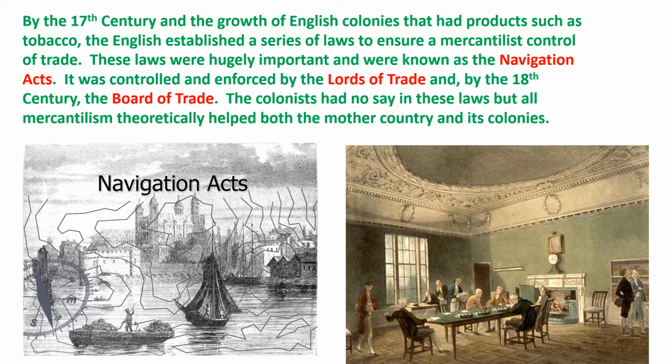Technically, they could review all the acts and laws passed by any colonial legislators dealing with the economy to make sure that they fit within the mercantilist policies of the mother country. It had veto power over colonial legislators, which the colonists really hated. In reality, however, for most of the colonial period, the Board of Trade did not veto many colonial laws.